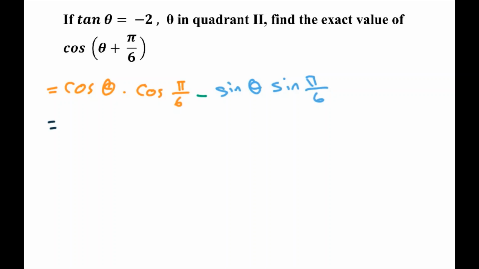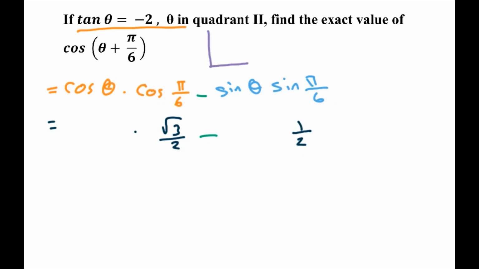Now, of course, here cosine pi over 6 is square root of 3 over 2, and sine pi over 6 is 1/2. We need to find sine theta and cosine theta. How do we find them? From here. So let's do the calculation.